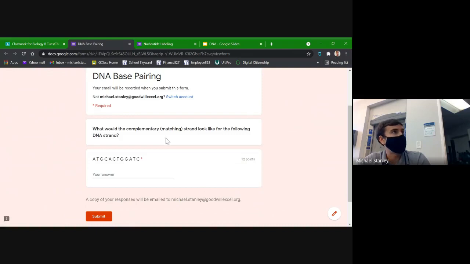All I want you to do is tell me what the complementary strand, which is the technical scientific term for the matching strand, would look like for this DNA strand. So this will be the homework posted tomorrow. Based on this strand and your knowledge of how the bases pair up, what would the strand on the opposite side of the DNA look like?